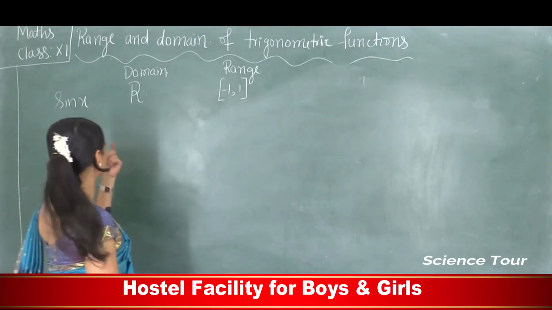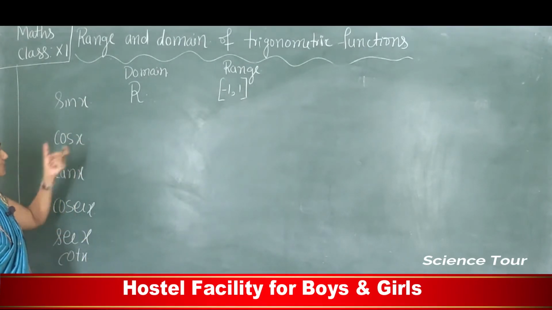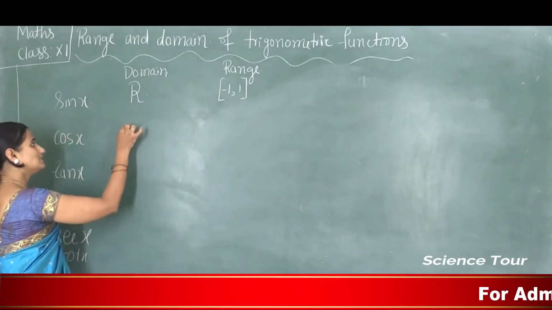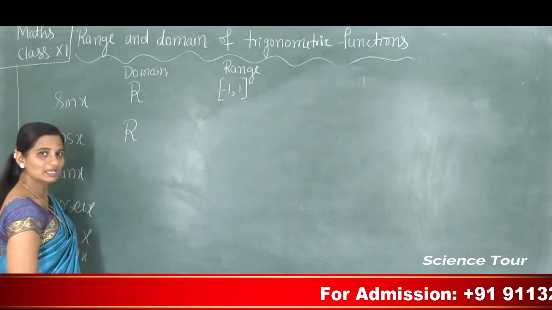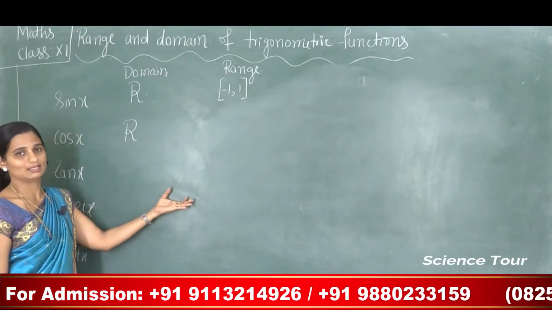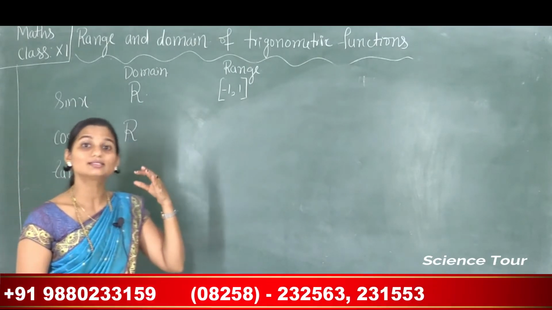Next we will discuss the range and domain of the cos function. Here also it is the same. The domain is the set of all real numbers. Why is it the set of real numbers? For cos of any angle, we don't get the answer as infinity.